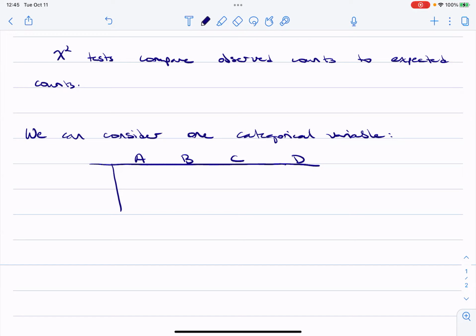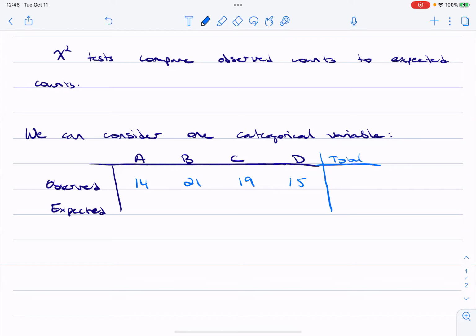And because I have some numbers here, for your observed counts versus your expected counts, I had 14, 21, 19, and 15, which puts me at a total of 69.